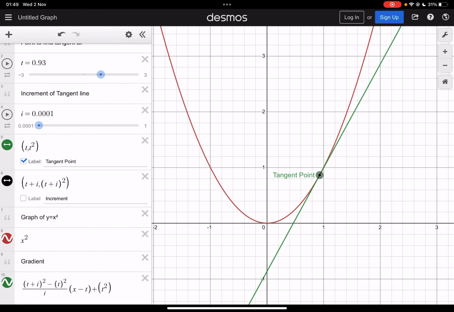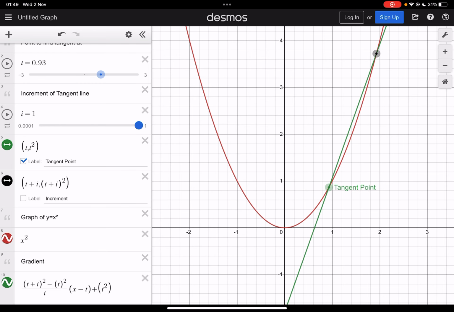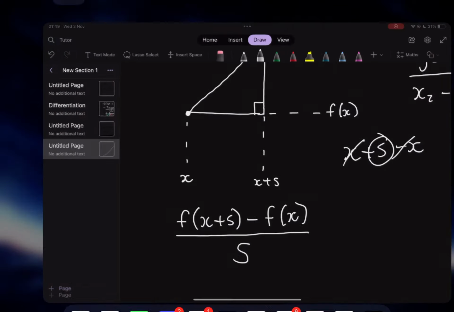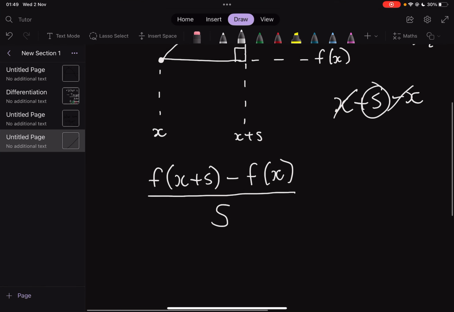And in our example over here, we want s to slowly approach 0, but we don't know how much, so we'll just keep it as s for now.